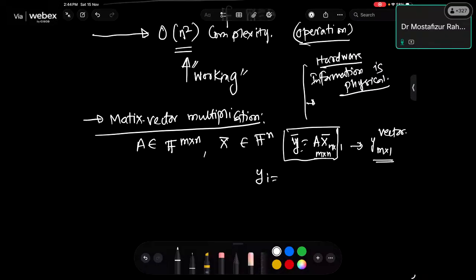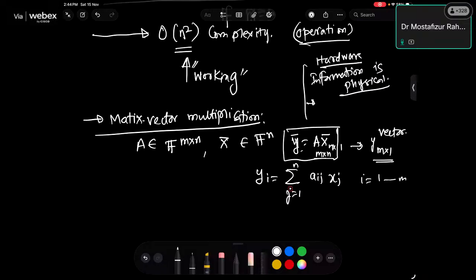So there are m elements. Basically it's a summation over j equals 1 to n of a_ij x_j, for i equals 1 to m.